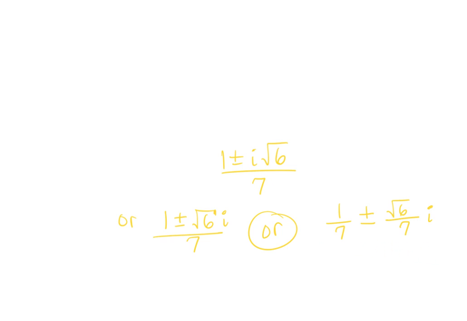Can I ask a question? Yes? I thought the plus or minus already represented the i. No, what represents i? There's a difference between a negative square root and i.